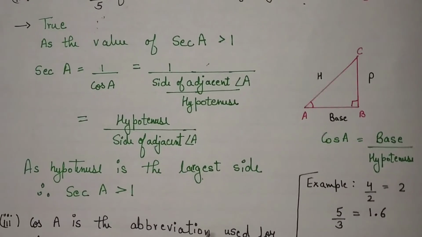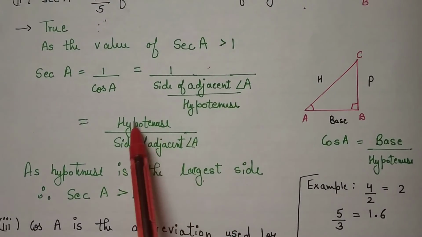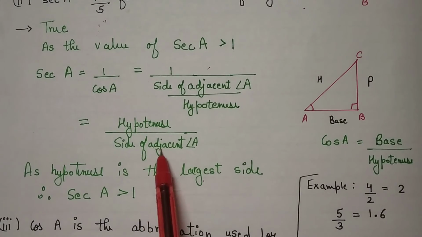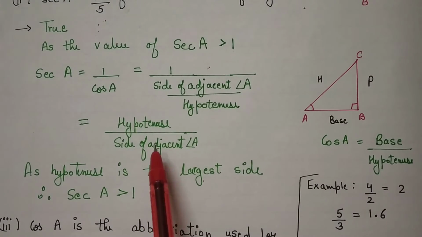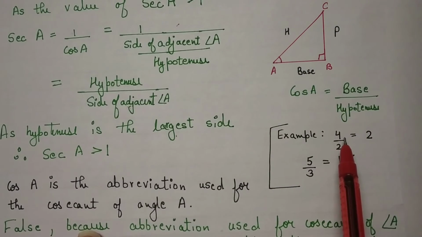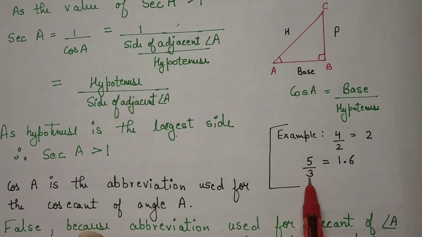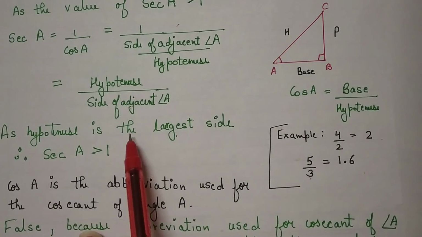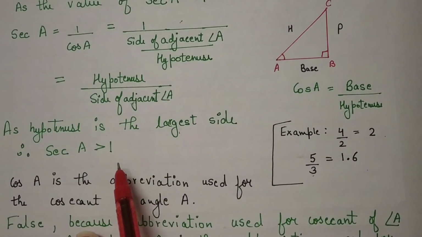If I have the largest thing in the numerator and I divide by anything in the denominator, I will always get an answer greater than 1. For example, 4 by 2 is 2. 5 by 3, largest in the numerator, is 1.6. The answers are always greater than 1. That is the reason secant A is always greater than 1.